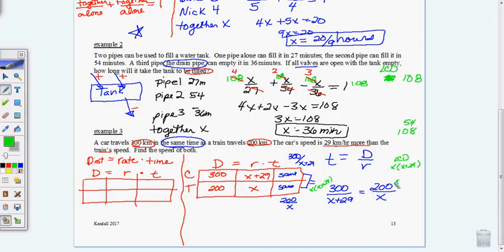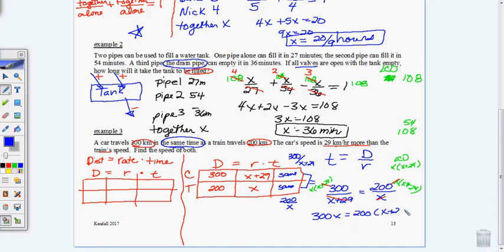Then I am going to cancel, and I'm left with 300x would equal 200 times x plus 29.